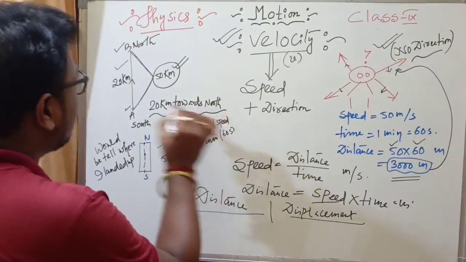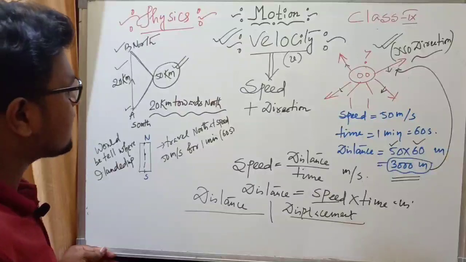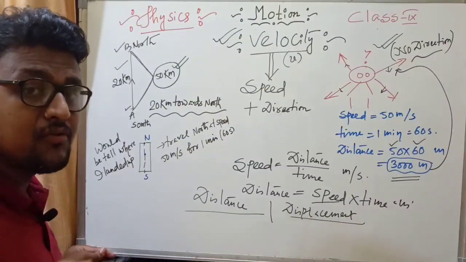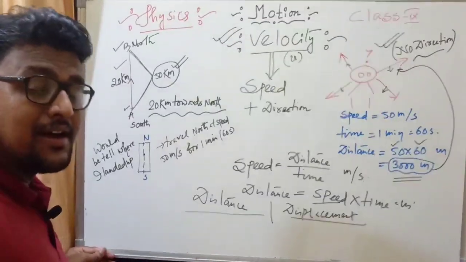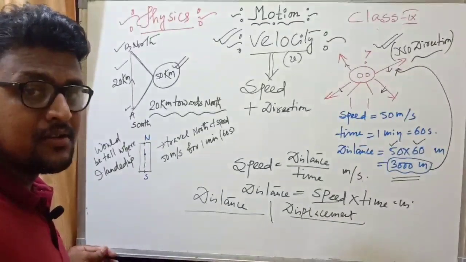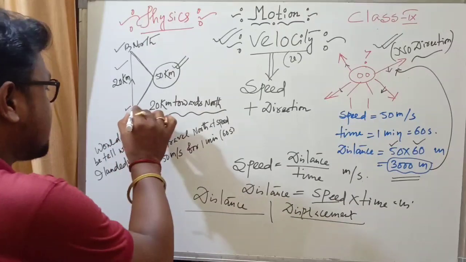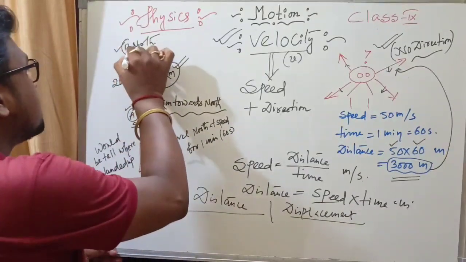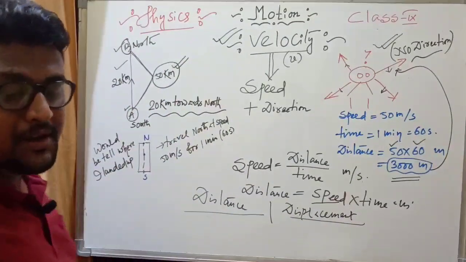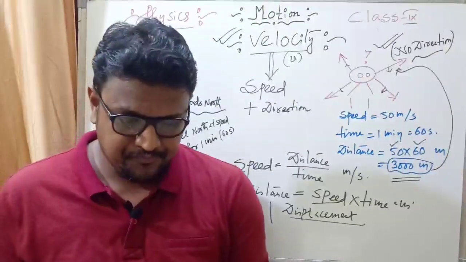When I write it like this, 20 kilometer towards the north direction, that is the concept of displacement, where a direction is mentioned. So displacement means the shortest distance from the initial position to the final position with a particular direction.